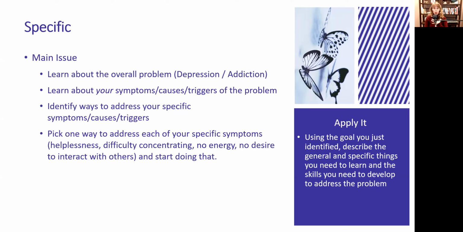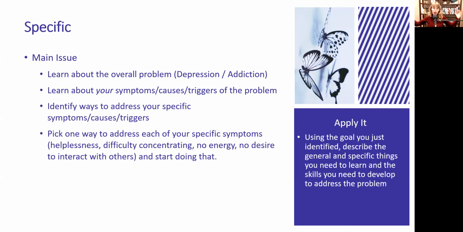You need to know what your symptoms are and what your causes and triggers for that problem are. And then you need to go back to the stuff that you've already done in prior groups or in prior videos and look at ways that you have addressed those symptoms in the past. So you're learning about the overall problem.